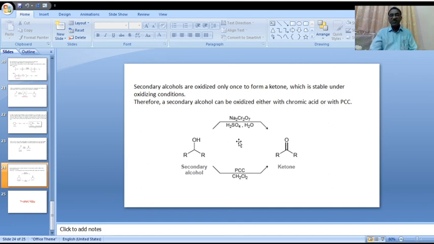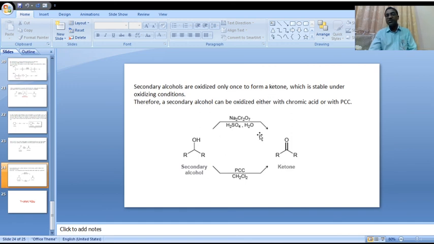Due to that reason, secondary alcohols can be oxidized either with chromic acid, which gives ketone, or in the presence of PCC, which also gives ketones. But in primary alcohols it is different.